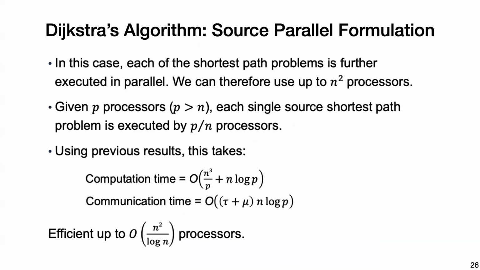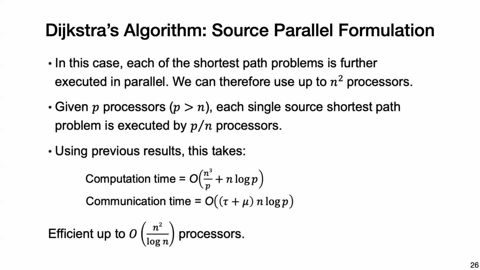Yeah, and then if you want to do further parallelization, then we just run the version of Dijkstra's algorithm that we had before, which is based on this column-wise partitioning. So if you had p greater than n, you just cut them up into groups of p over n.